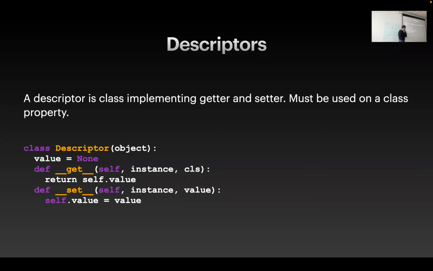To implement it, you have the two methods. In the getter, what you get is self, which is the descriptor itself, and you get the instance of the class that you have placed the descriptor inside. You usually place this inside the class, right? And then you get the class itself. So if I define an object from a class A, this would be A, this would be the object, and this is self, the descriptor instance.